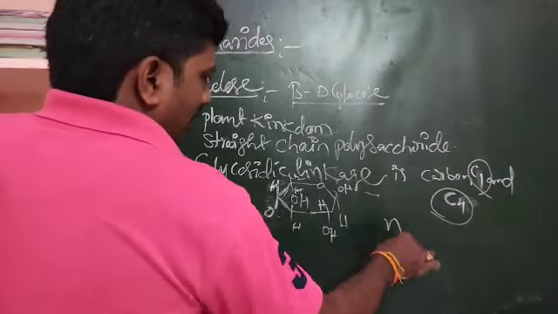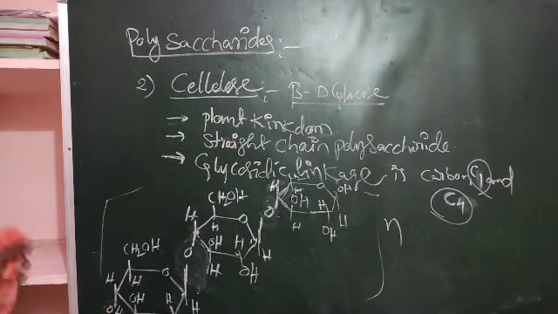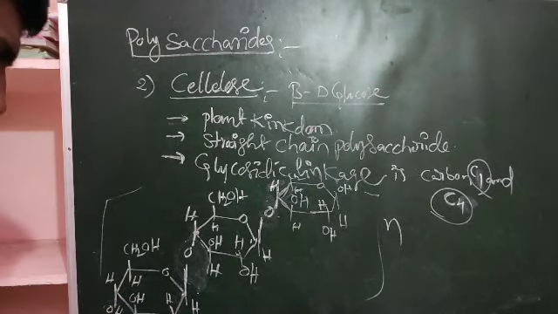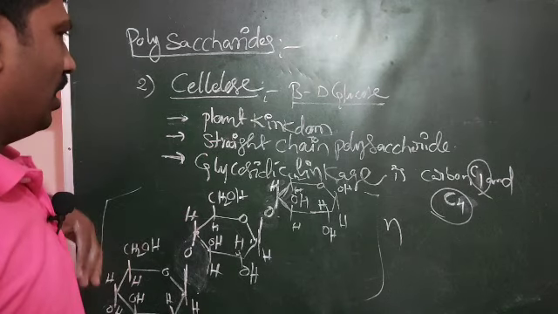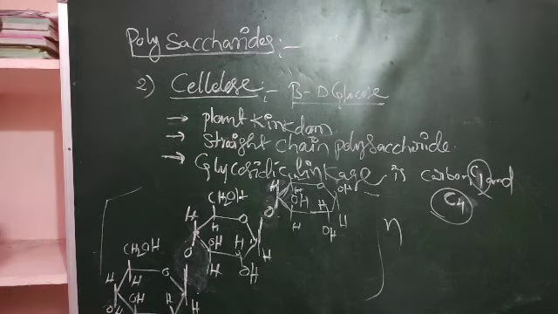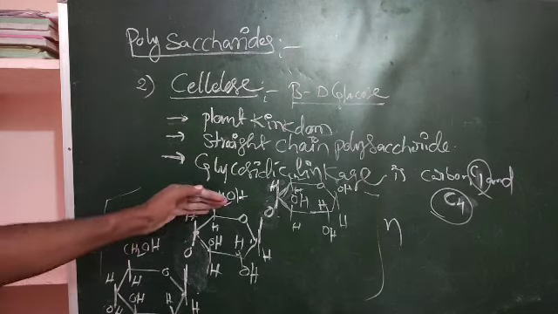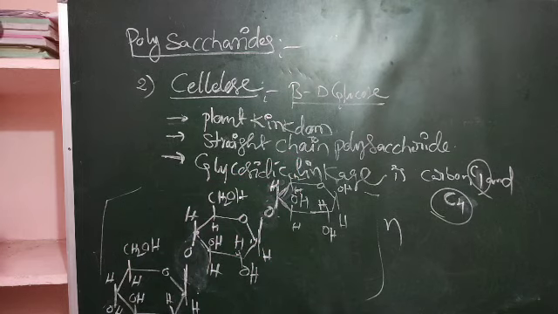So here n number of units. This is cellulose. Cellulose is very important for the plant kingdom. It is a straight chain polysaccharide. Glycosidic linkage is present at C1 and C4 carbon. This is the structure of cellulose.